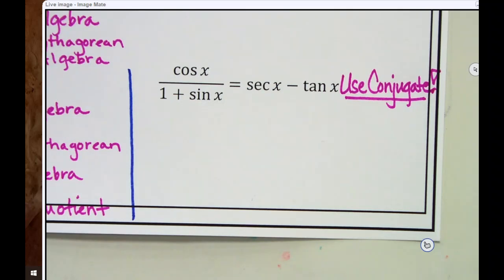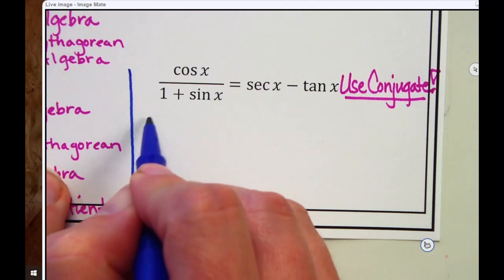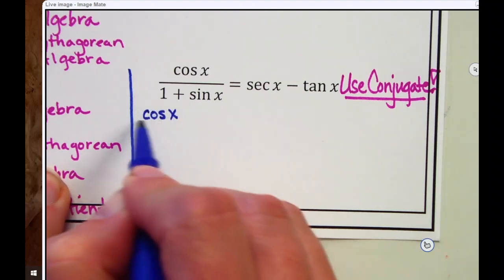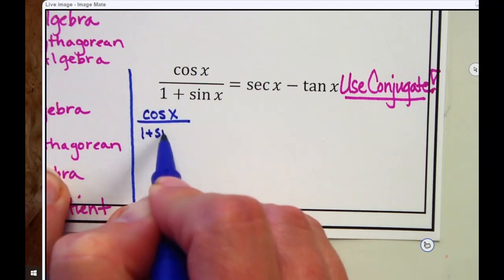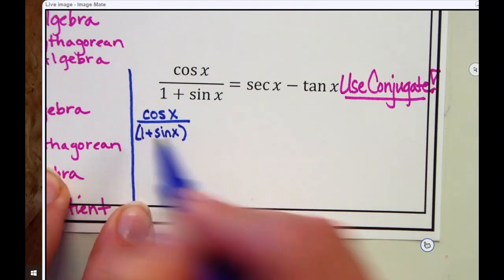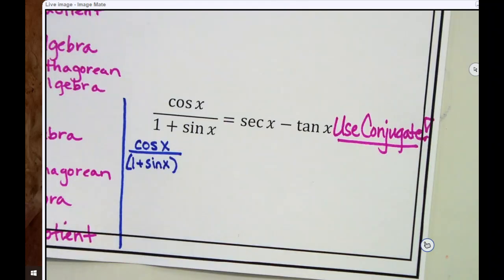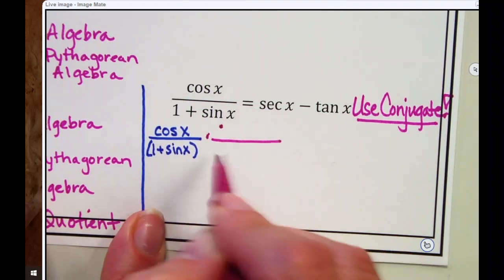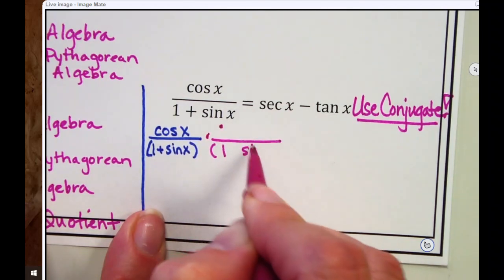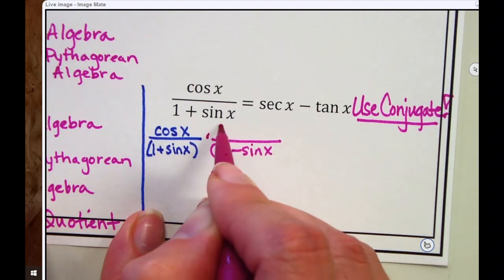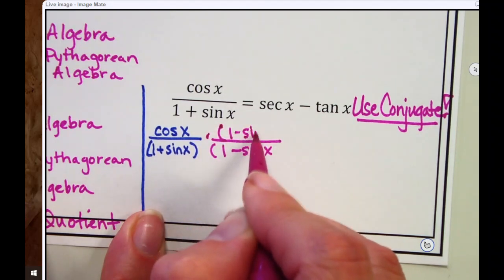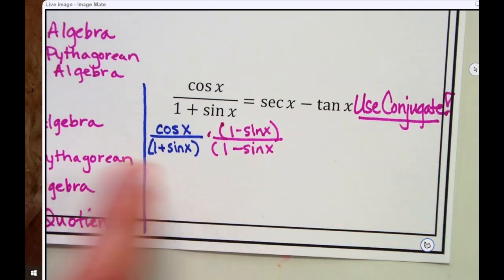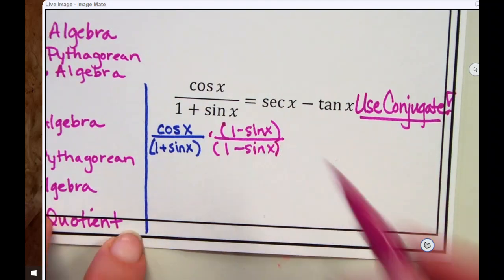So I'm going to take that fraction, 1 plus sine of x. Do you remember what the conjugate looks like? It's the same thing, but change the sign in the middle. 1 minus sine of x. Let me close that parenthesis.